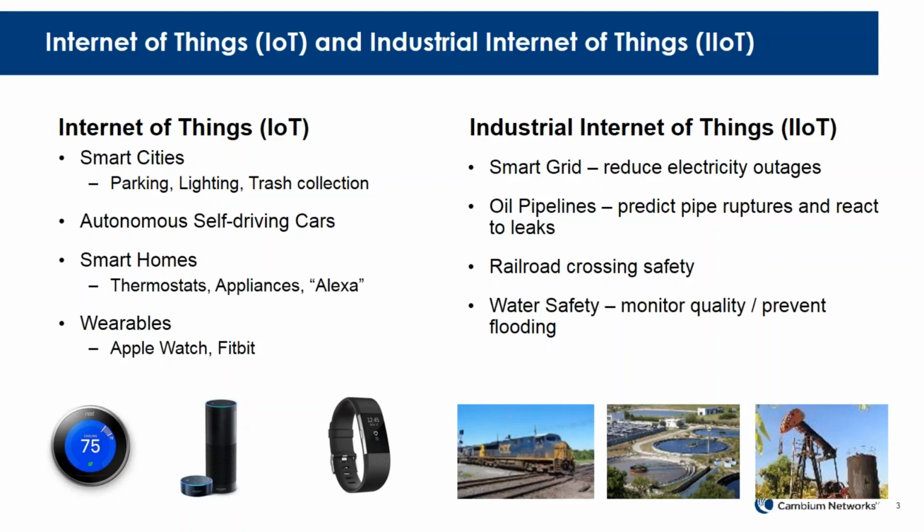So some examples of the Internet of Things that I've listed here on the left are smart cities. You might see smart parking. If you pull into a parking lot and it says there's 17 spots on level 3, that's an example of the Internet of Things monitoring which spaces are open in that parking lot. And one I find pretty interesting is trash collection. You see trash cans now, I think they're called big mouth trash cans, and they have a trash compactor built into them that's solar powered.